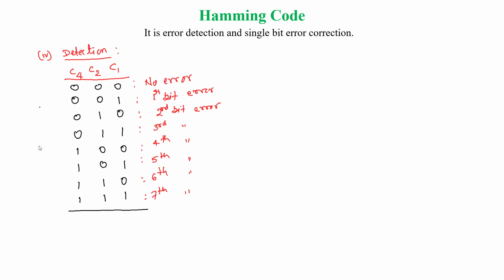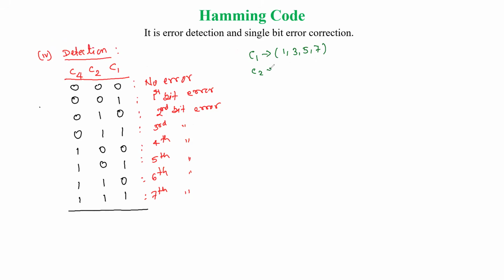So for the C1, what combination are we going to check here? Okay, so for the C1, you have to look at the positions, like how we have written in case of parity bits. So for the C1 again, we have to look for the 1, 3, 5, 7. 1 gap is here.